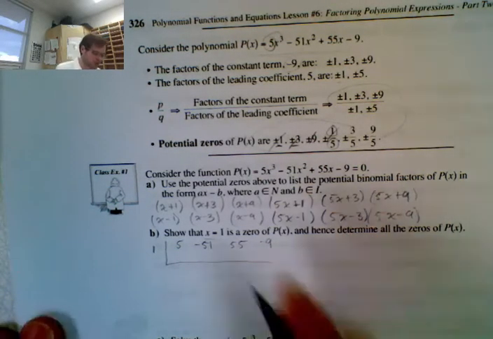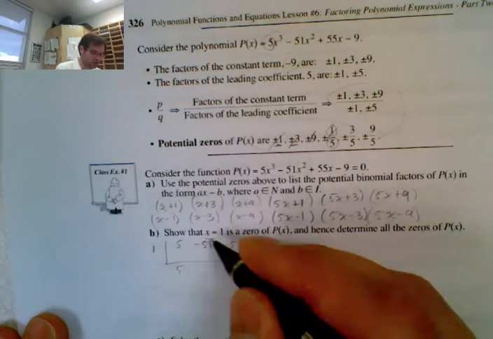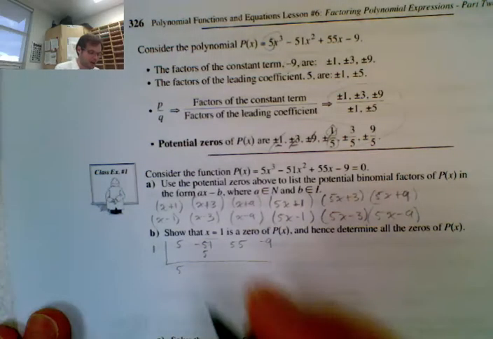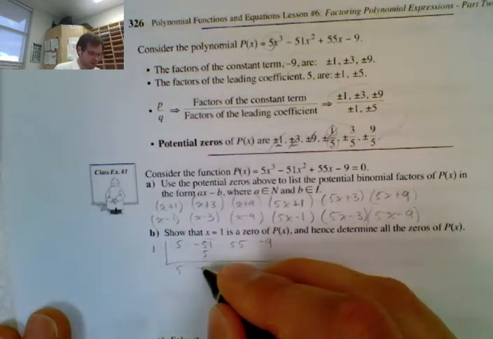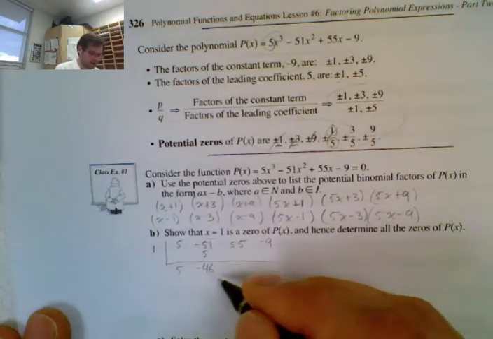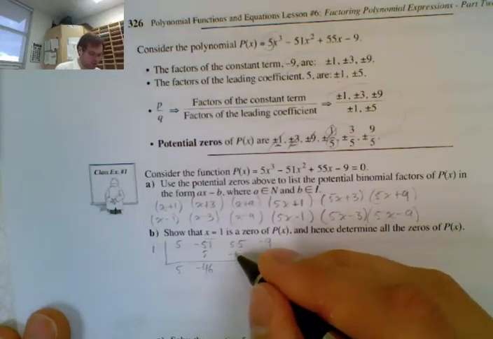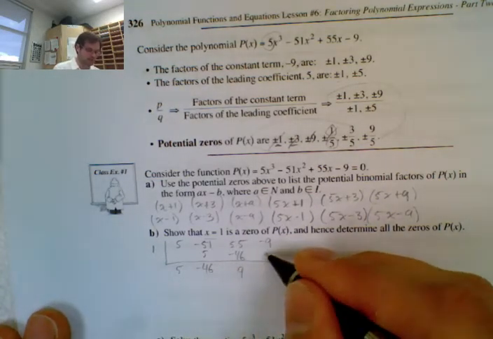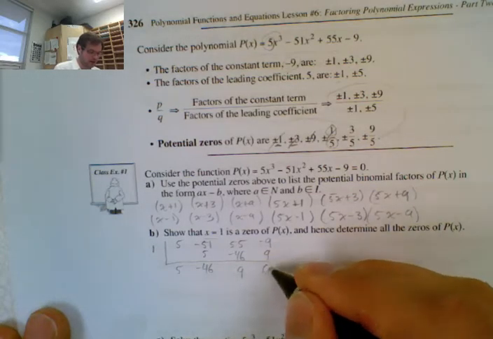So those are my terms. We bring down the 5. 5 times 1 is going to give me 5. We add these together and end up getting negative 46. 1 times it is negative 46. Put these together, that's going to give me 9. And we have 9, and that's 0.